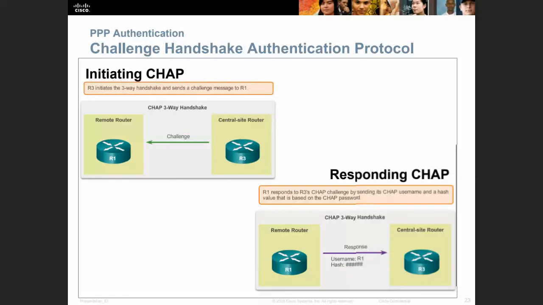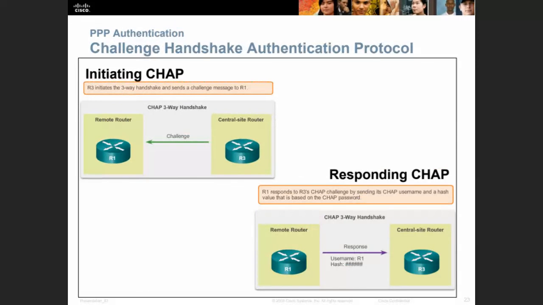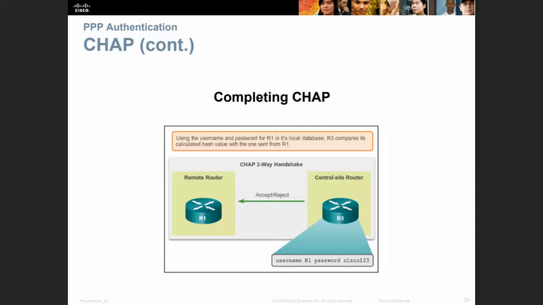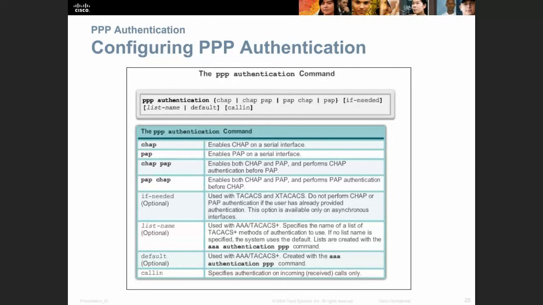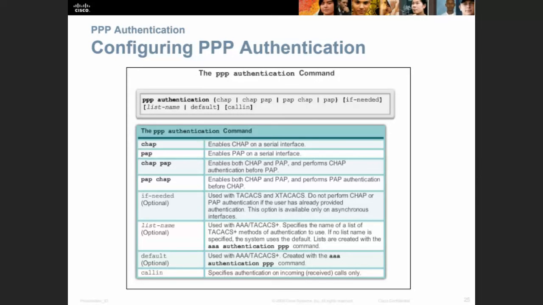Configuration. This is the syntax template. PPP authentication, whether it's CHAP or PAP. That's the command. And these are the options: CHAP or PAP, or you can have CHAP and PAP, PAP and CHAP.